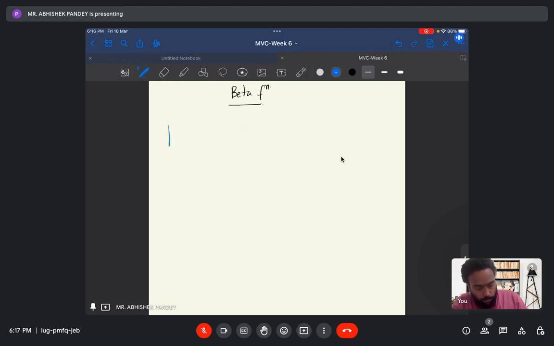Beta of x comma y is defined as the integral from 0 to 1 of t to the power x minus 1 into 1 minus t to the power y minus 1 dt, where x is positive and y is positive.